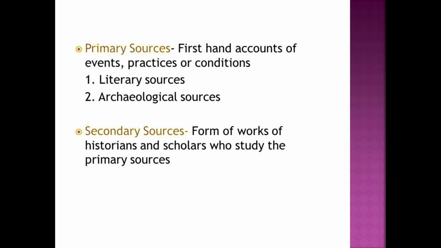Primary sources provide first-hand accounts of the events, practices, or conditions that we are studying. They may be in different forms. One is the literary sources, second is archaeological sources.